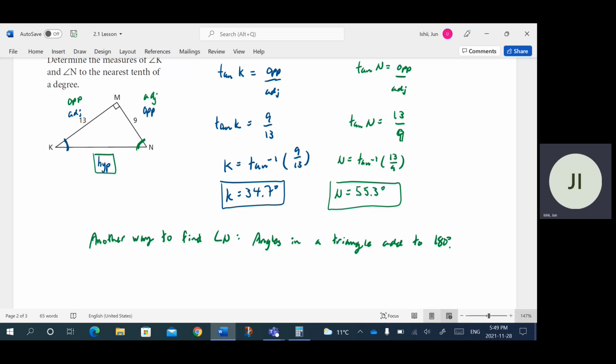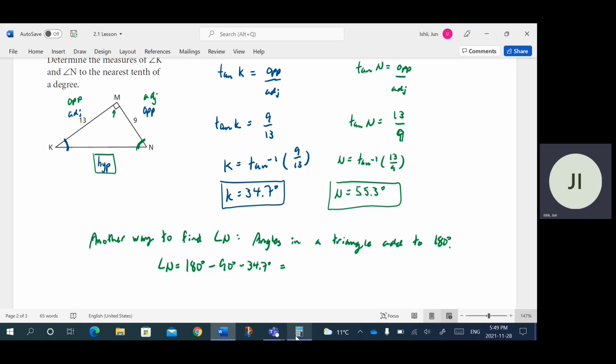You might prefer this method, it's a little quicker. If I take 180 degrees and subtract the 90 degrees, and minus the 34.7 degrees, which is angle K, this should give me the same answer.